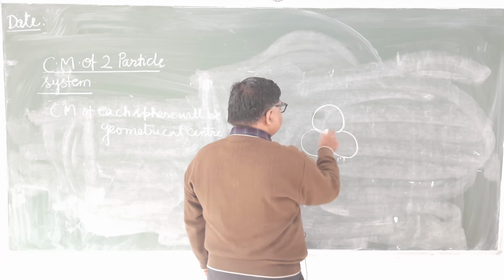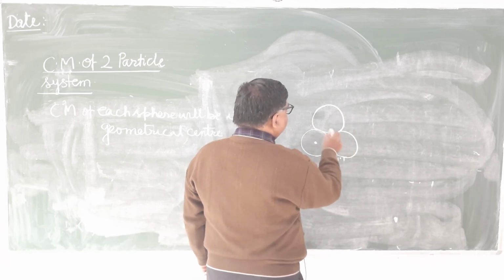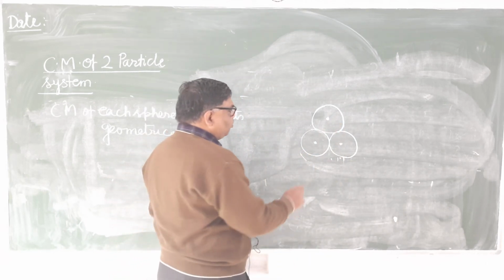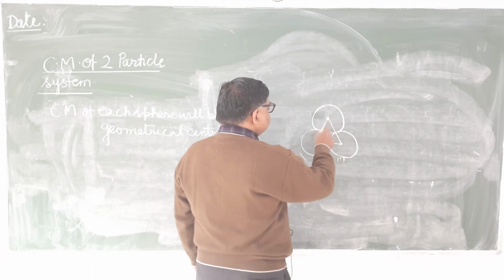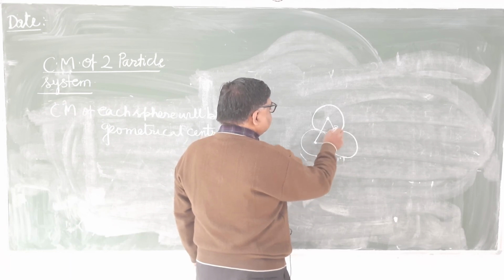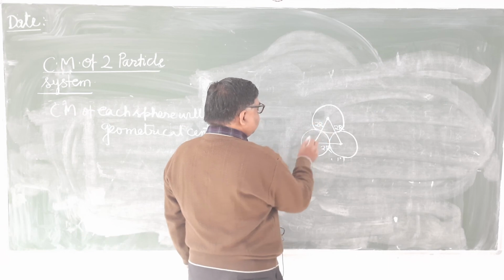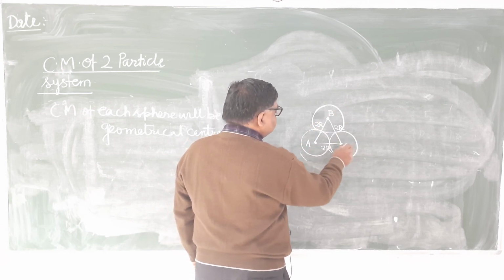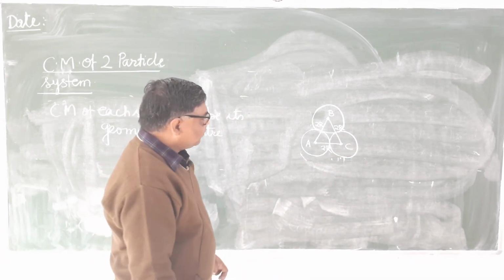Here is the center of one, the center of the other, and this is the center of the third. What will be the distance between any two centers? It will be 2 into R. Here also 2R, here also 2R. This you can name sphere A, this is B, and this is C. It's clear?